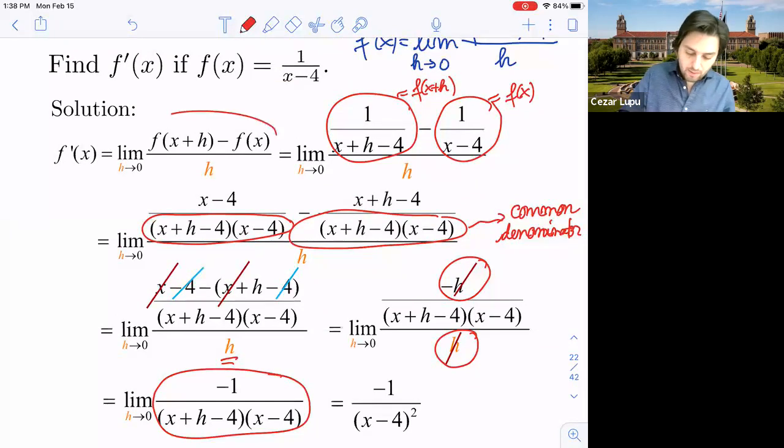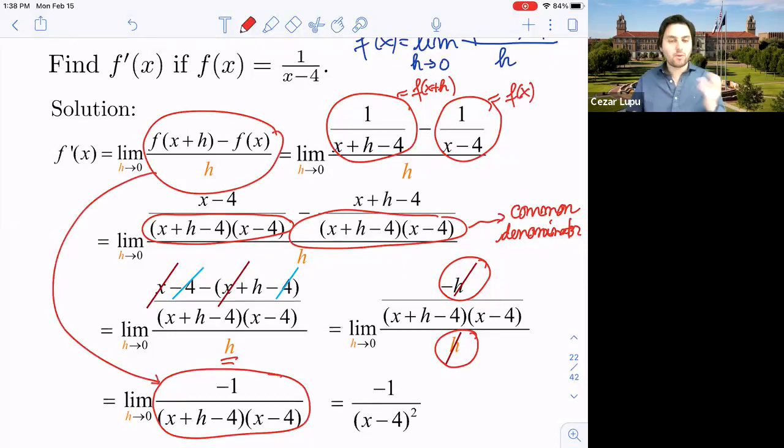We obtain that the difference quotient will be nothing else than just this guy here, after all these computations that you see. So now the only thing that's left for us is just to take the limit as h approaches 0. And by doing so, we just replace h by 0.